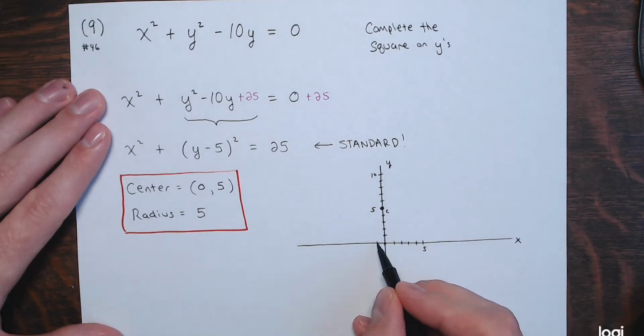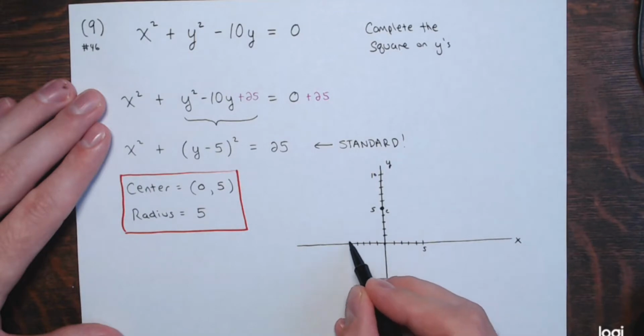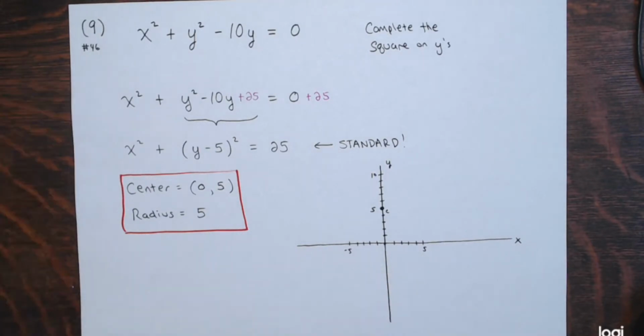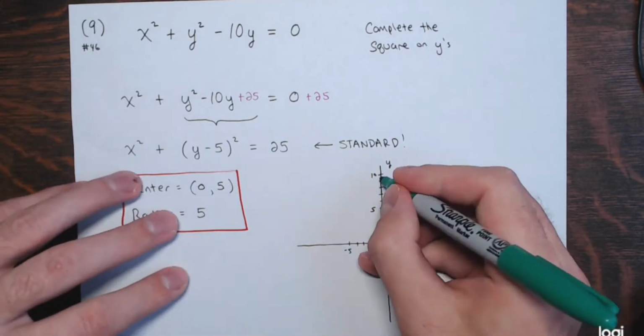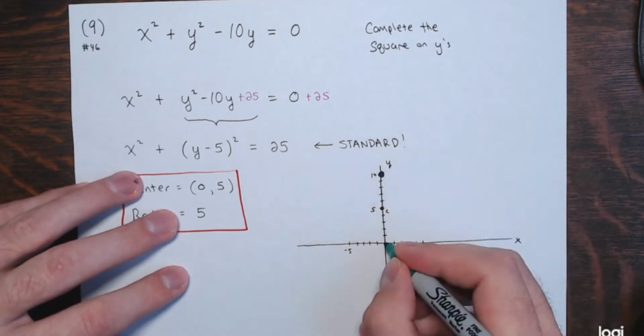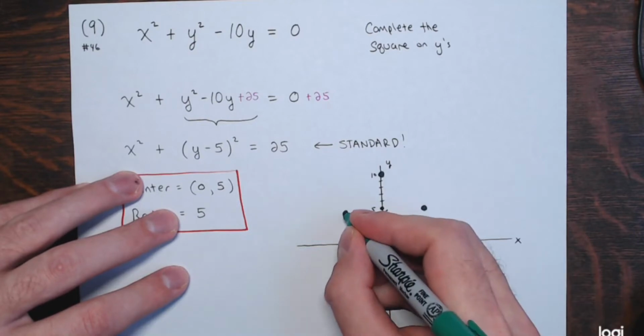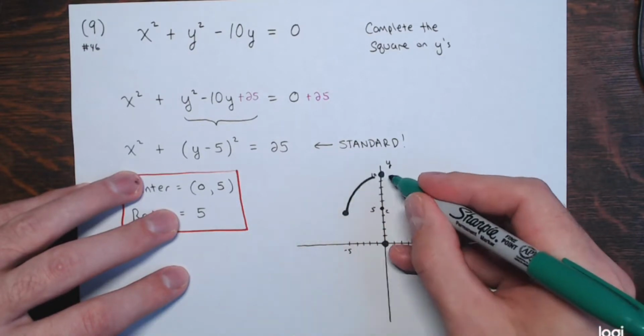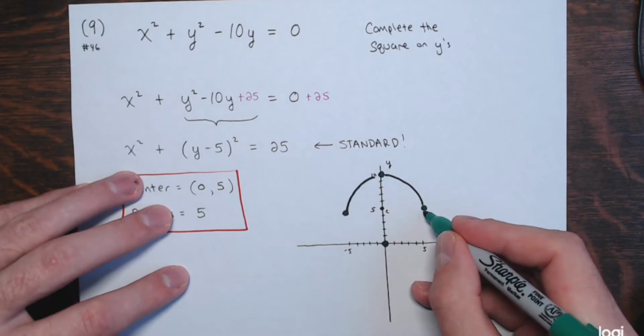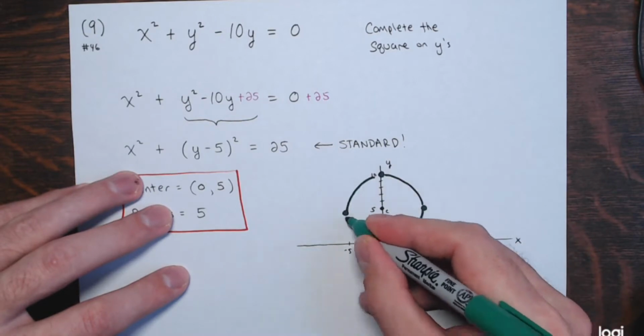And 5 units to the left. Alright, so the points on the graph, there's 0, 10, 0, 0, 5, 5, negative 5, 5, and then the rest of them that are on this circle, all these points that are 5 units away from the center.